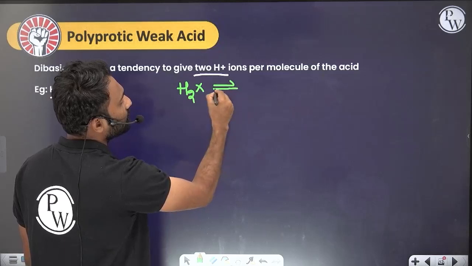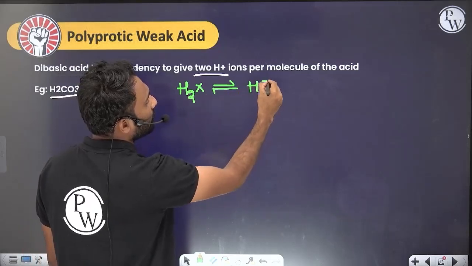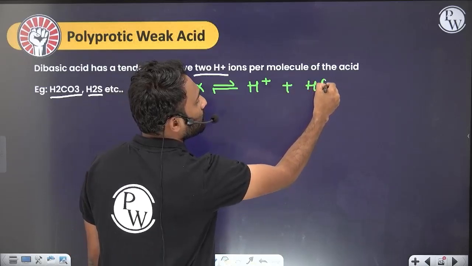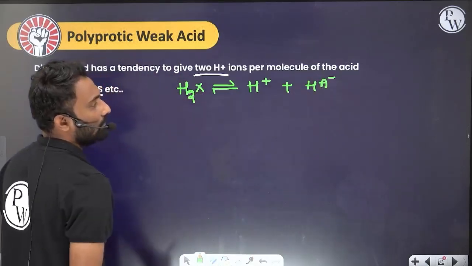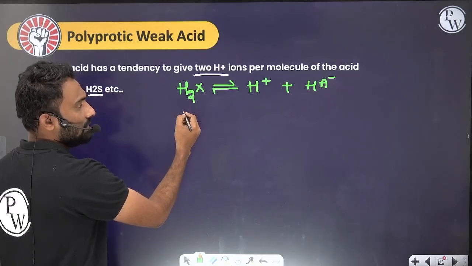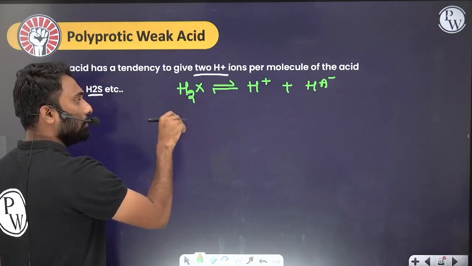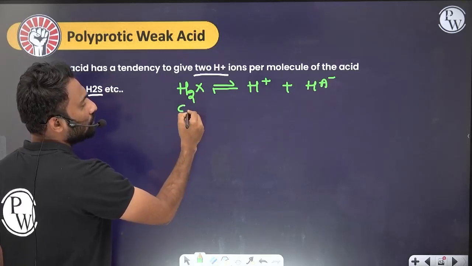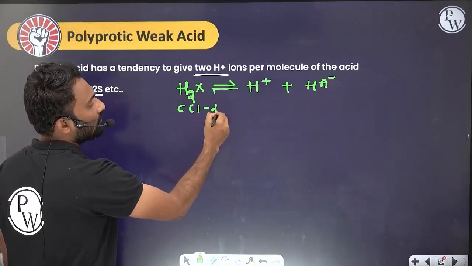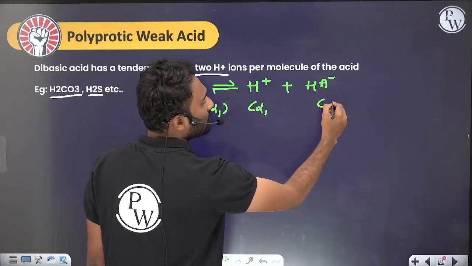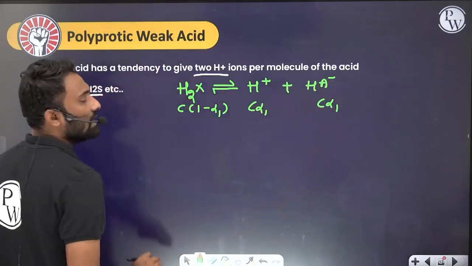It gives the first dissociation of H plus and becomes HX minus. Initially its concentration is C. At equilibrium, C into (1 minus alpha 1) remains, since C alpha 1 has dissociated, so we have C alpha 1 at equilibrium.